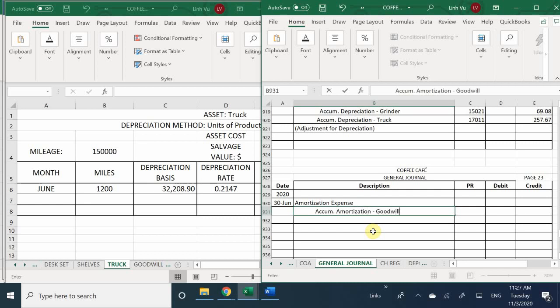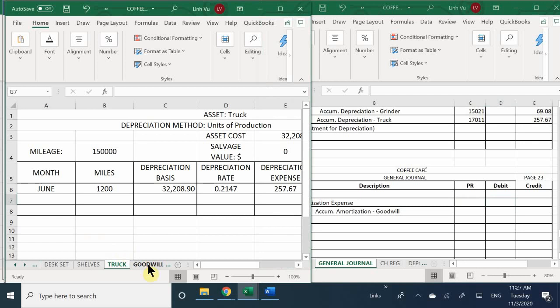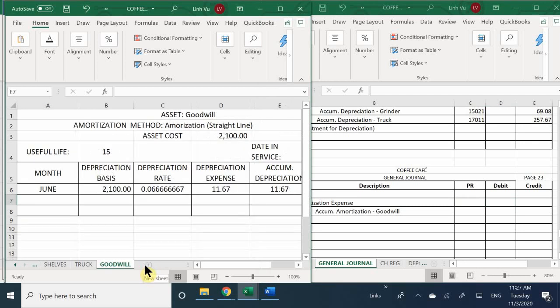Goodwill. All right. And that's going to be for the 1167. So I'm going to double check that and confirm. Goodwill is 1167.